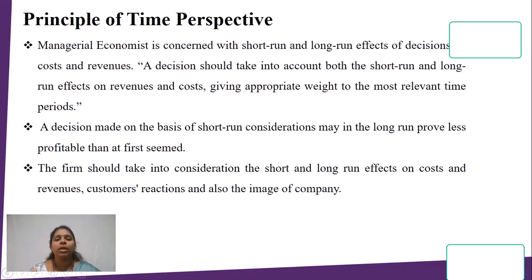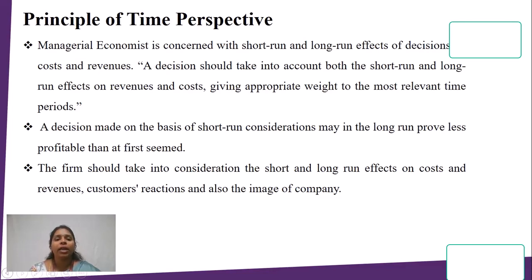It means the decision taken by the managerial economist should consider both long-term and short-term impact of the decision. Ignoring a long-term impact and taking a short-term decision may not be advisable for successful business execution. A decision made on short-run considerations may in the long run prove less profitable than at first.